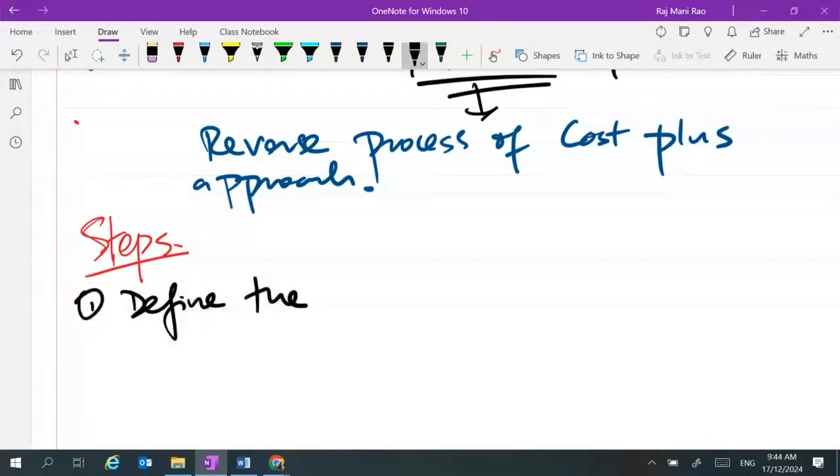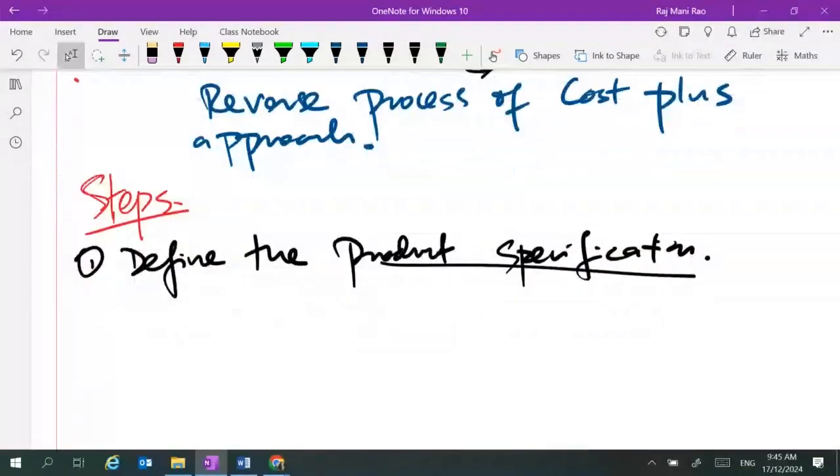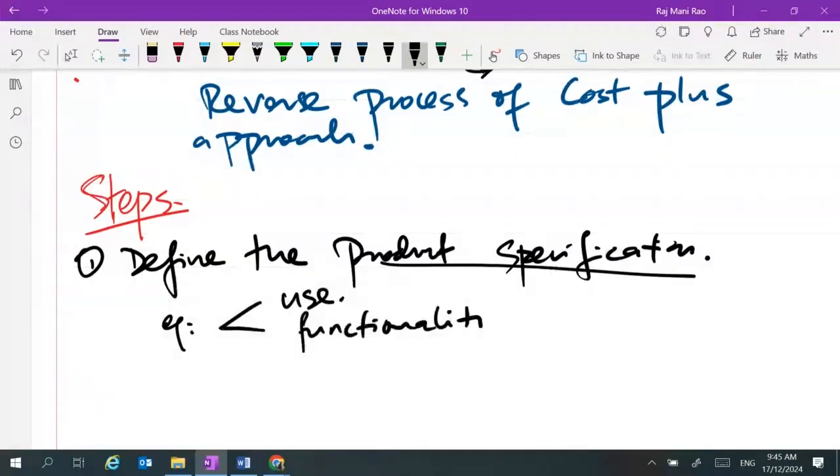Define the product specification. Example, what is the use, functionality, quality, and so on.